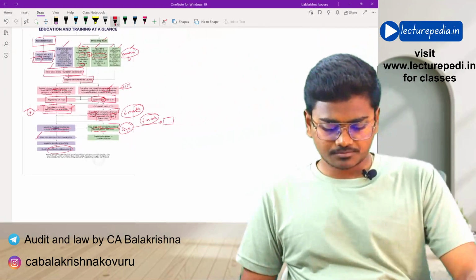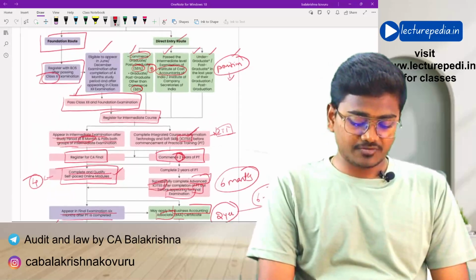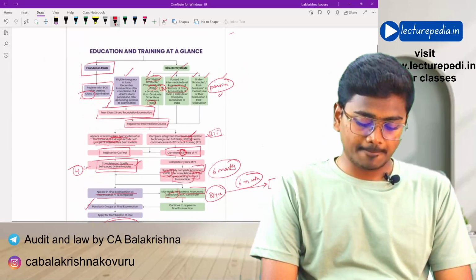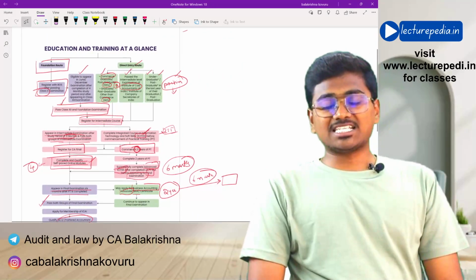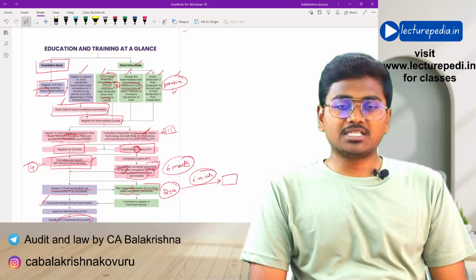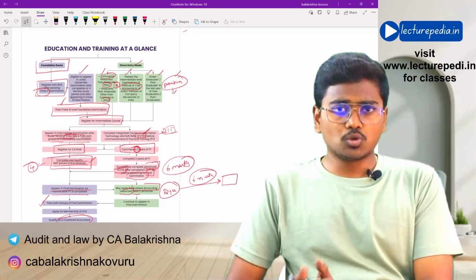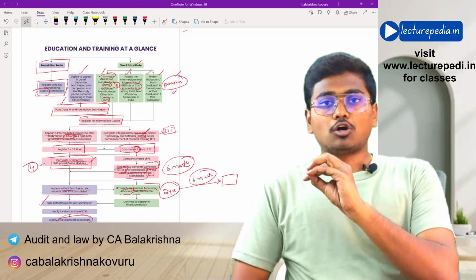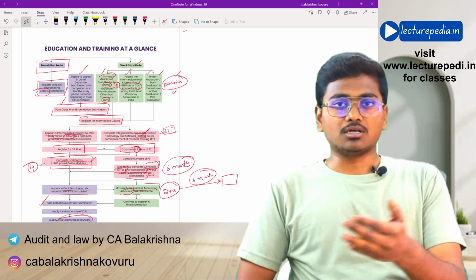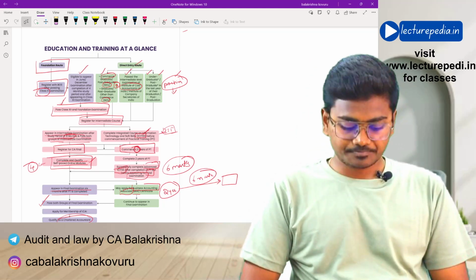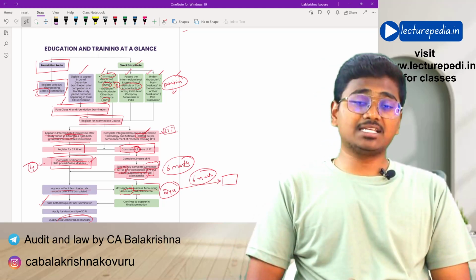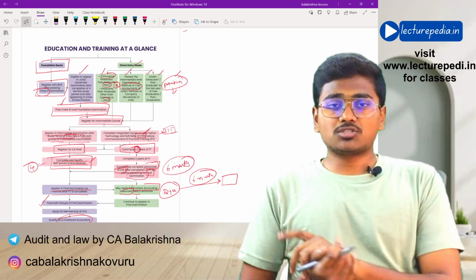So this is the brief structure of the new course that has been announced by the ICAI. The new course will be officially launched on 1st of July, on CA Day. So this is a brief idea regarding the structure of the new course.